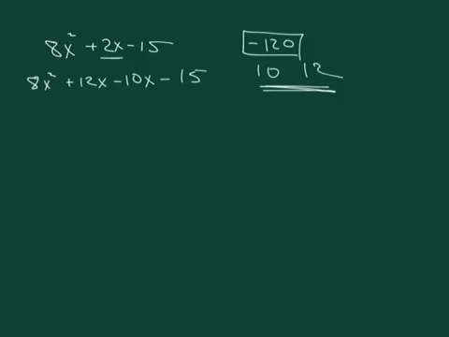At this point, we have a positive 12 and a negative 10. But what if we had a negative 12 and a negative 10? Then it wouldn't matter what order they're in. They're both going to have a negative sign there, and we're going to have a negative in that middle. So I'm just going to show you here real quick that it is possible to do these when you have a negative sign as your middle term.